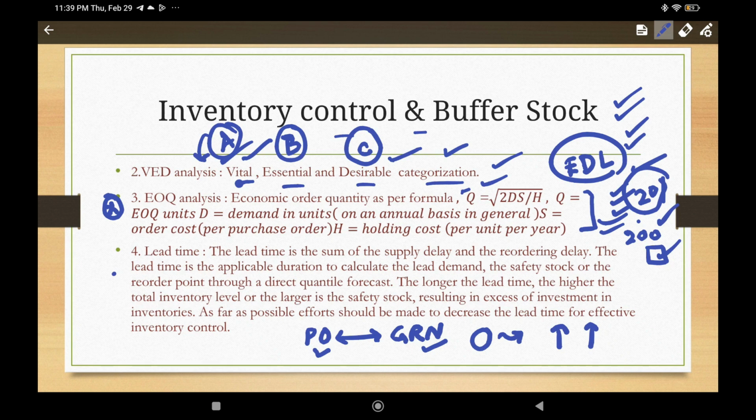So if the lead time is much more for any product, then we have to increase the buffer stock percentage. Suppose 30 days is the lead time for one essential drug, and we have kept 25% buffer stock for that particular product. Now for another drug of the same essentiality, but the lead time is 40 days, then we have to enhance this 25% to 30%, suppose.